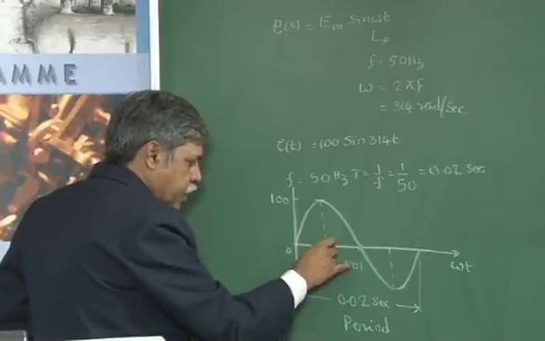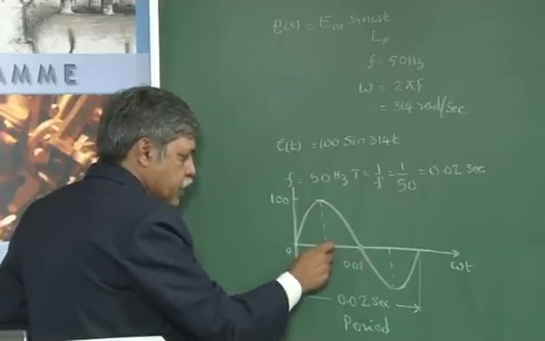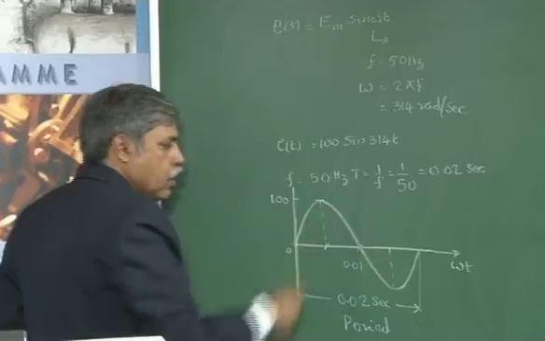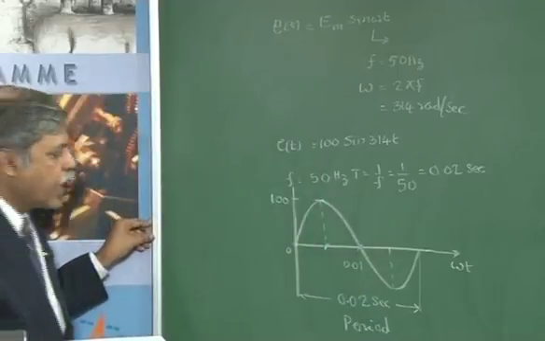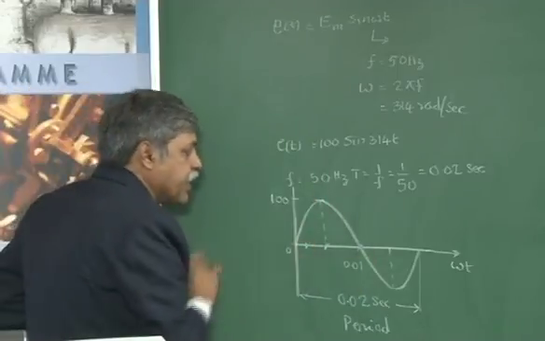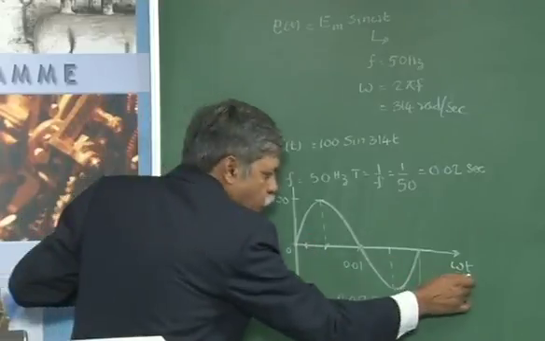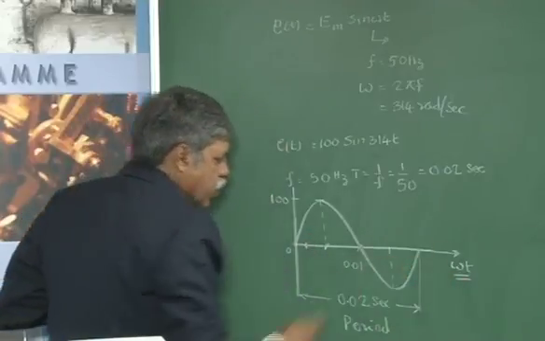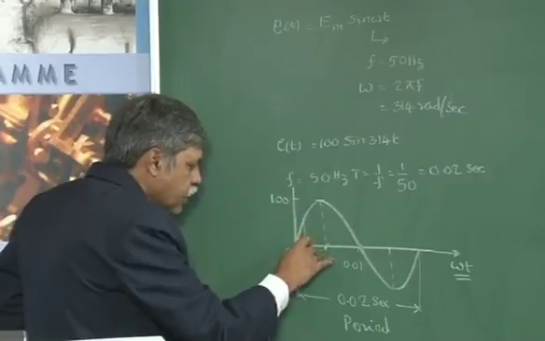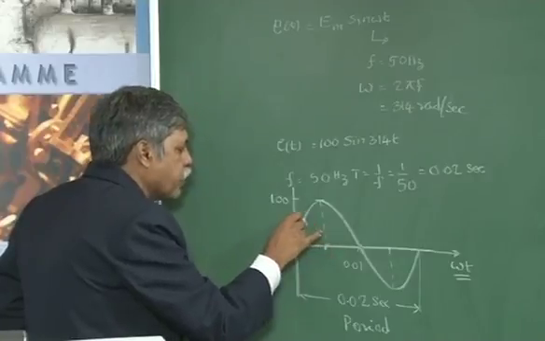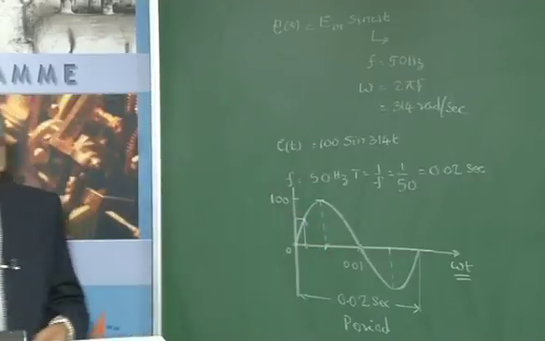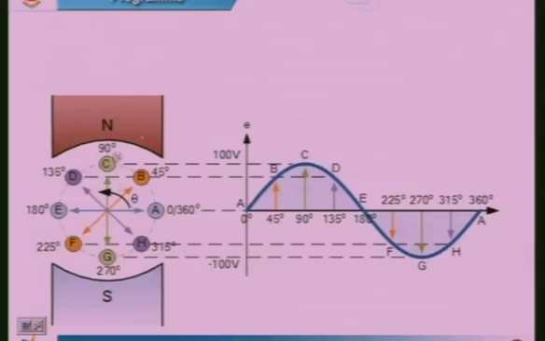Further, I can divide this by half. So this is 0.005 seconds. Like that, at any instant t, I can find out the value of omega t, omega being constant, and I can write down the instantaneous value of the voltage. If you see the figure here, when omega t is equal to 0 degrees, I have a voltage of 0 volts.